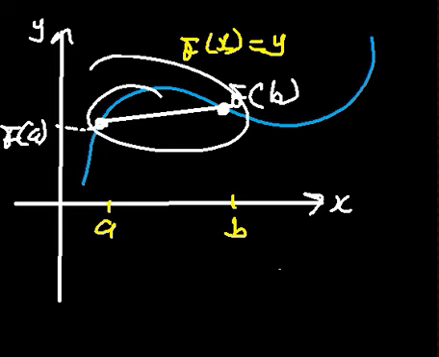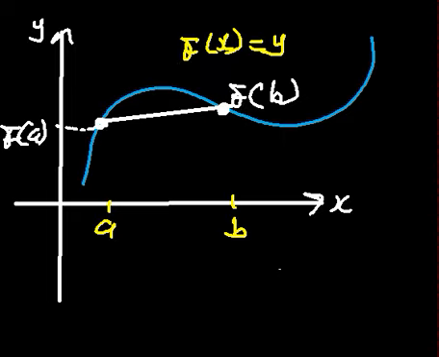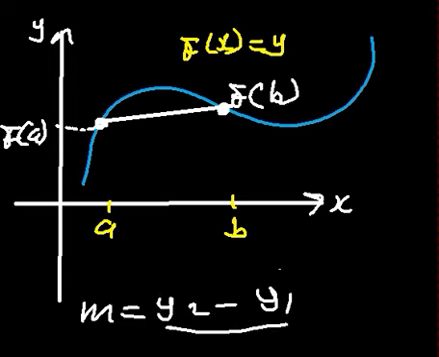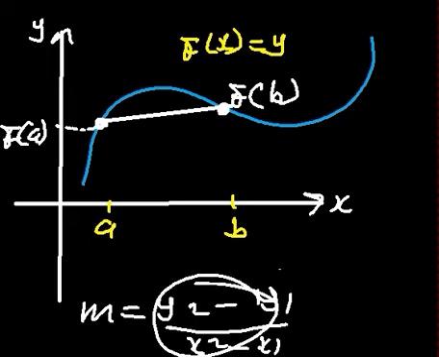Now, from the definition of the gradient, the gradient is given as the change in y divided by the change in x, which is given as y2 minus y1 over x2 minus x1. The same principle also applies in this case.